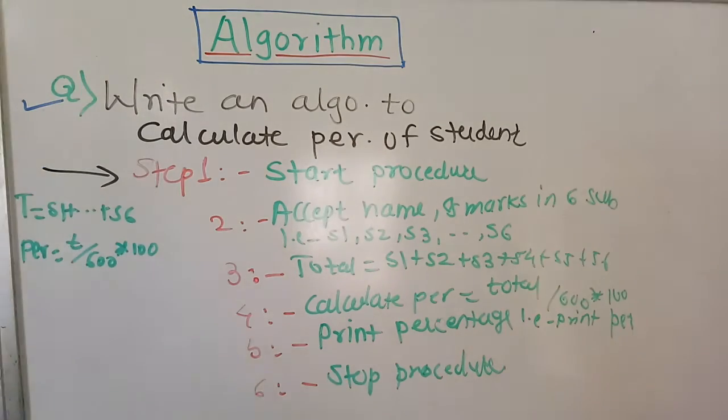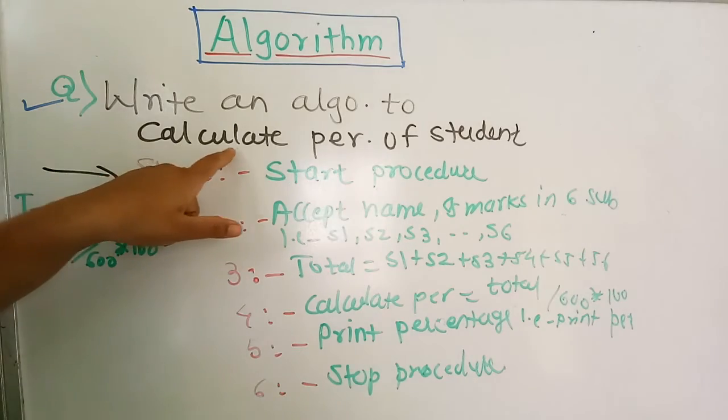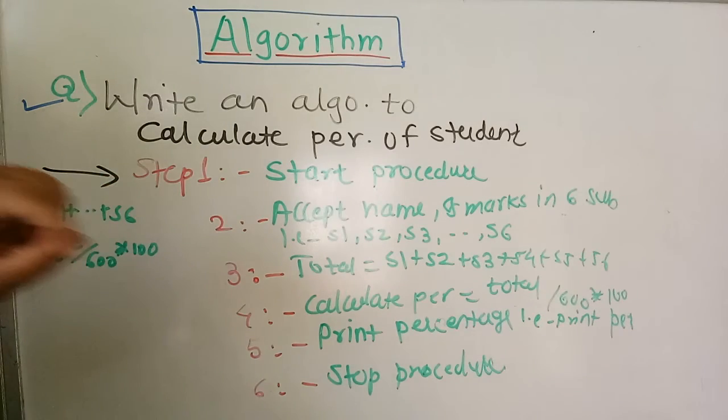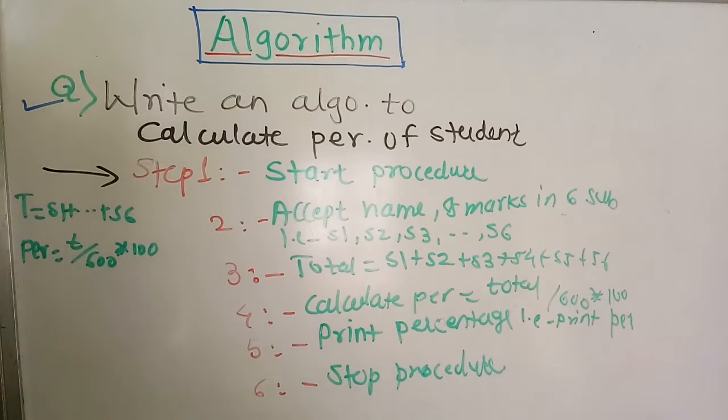So this is all about how to write an algorithm for any problem statement. Means first of all, how we will think about any problem: we read the problem carefully. As in this problem, we have to calculate the percentage of a student. So what is the actual formula behind the percentage of a student?